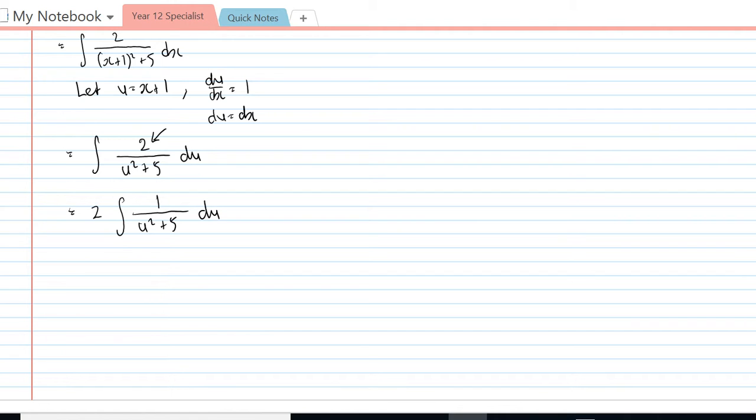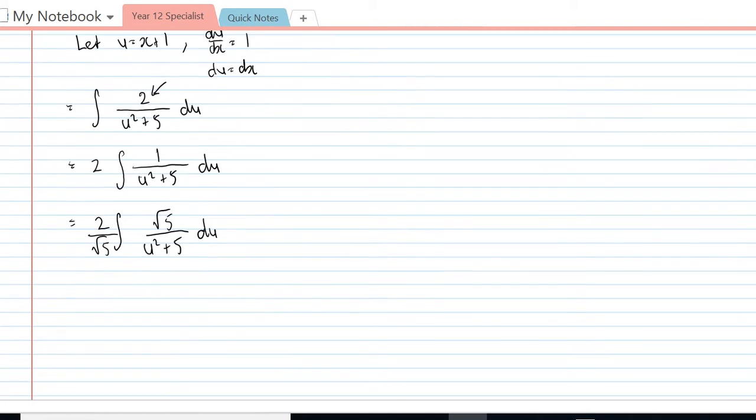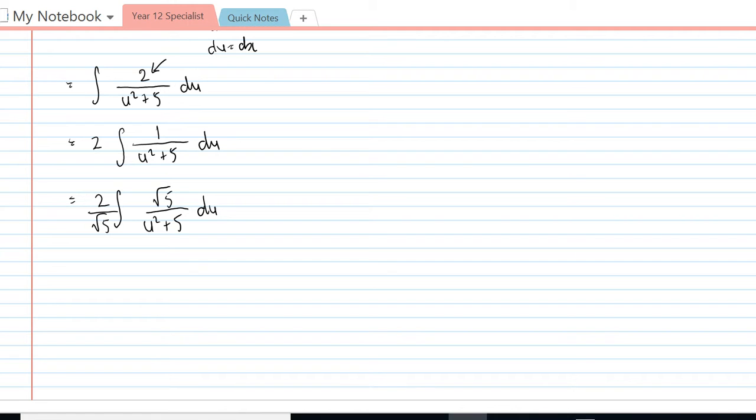Now, as I said, I want that numerator to be a root 5. So to do that, I can actually just make it a root 5. But the thing is that I have to do something to counter that, and so at the front I'm also going to have to divide by the square root of 5. And this should give us everything that we need here now.